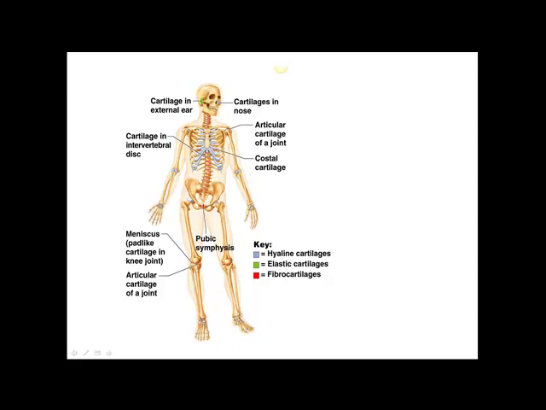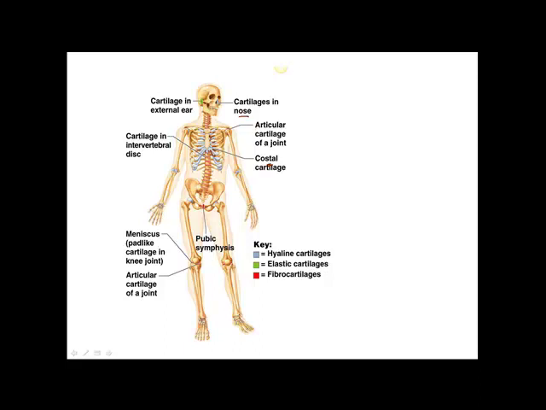So hyaline cartilage is blue, so it's in your nose, right? It's in all these joints, and it's in the what are called costal cartilages. So the costal cartilages are all of these, and they connect your ribs to the sternum, and they allow for flexibility when you breathe.